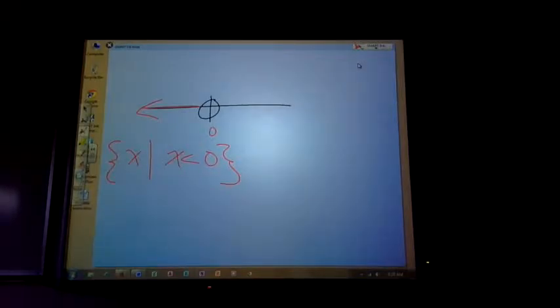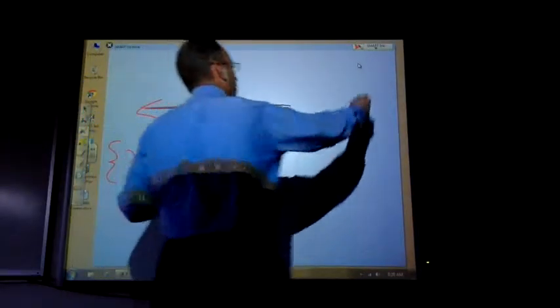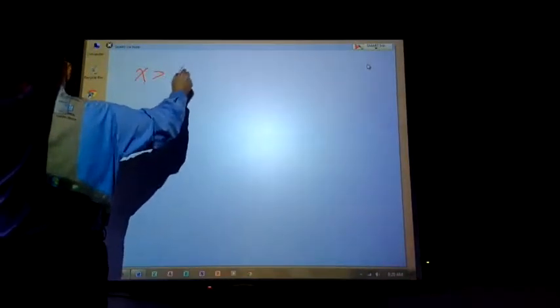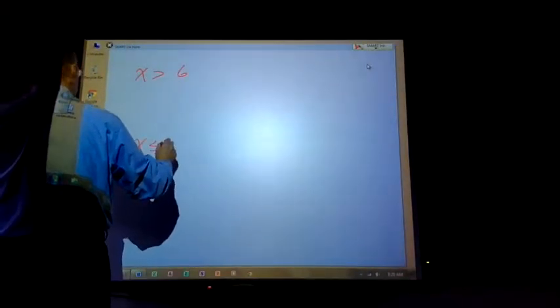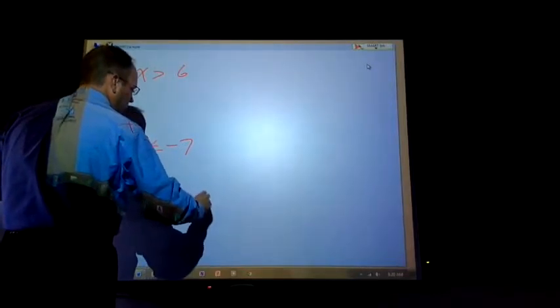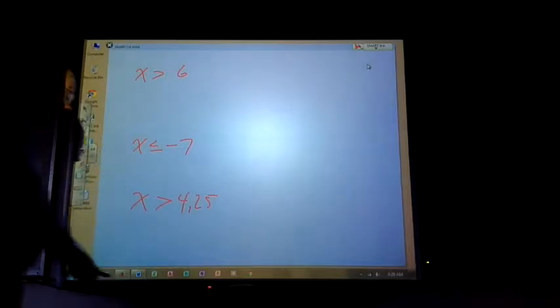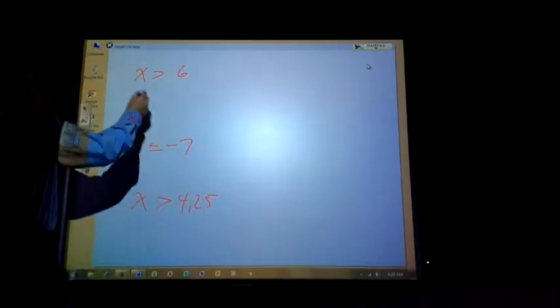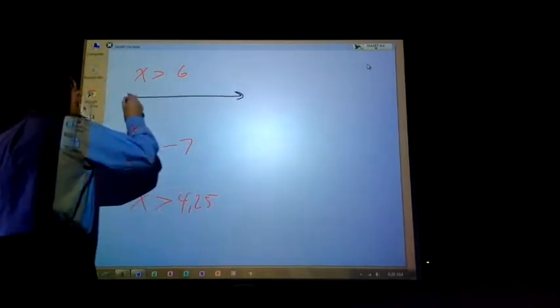Okay? So then, after that, I think I could do all of these on one board. You have x is greater than 6, x is less than or equal to negative 7, x is greater than 4.25. Okay? So the first one, if you look at it, I want numbers bigger than 6.